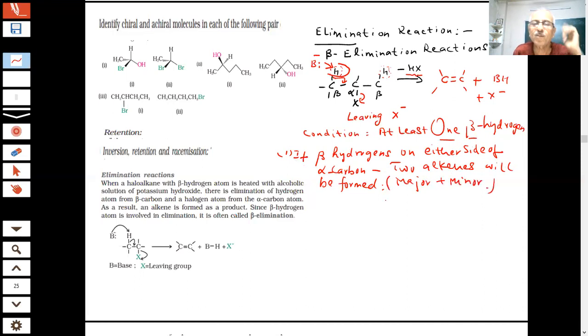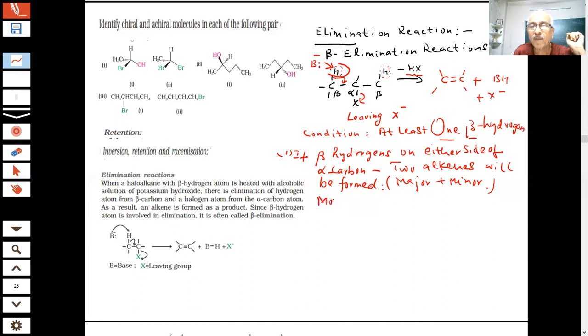How will I decide, students, what will be major and what will be minor? That is a question which is asked in the exams. The questions which will be asked in the papers are which is major and which is minor, students. And you already know, we have discussed in general organic chemistry, which alkenes are more stable.